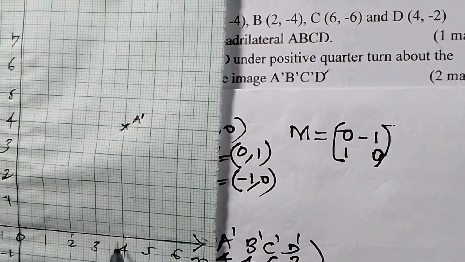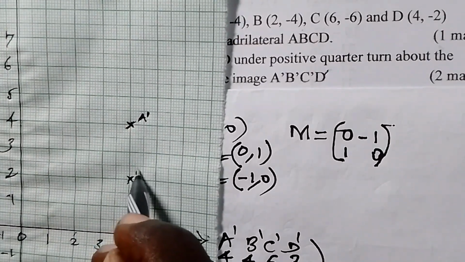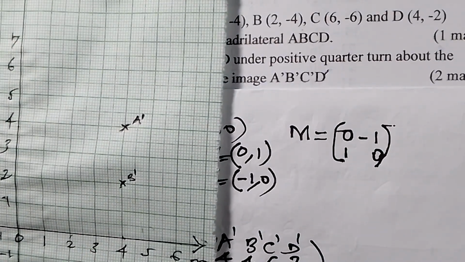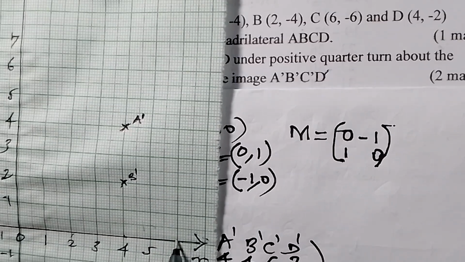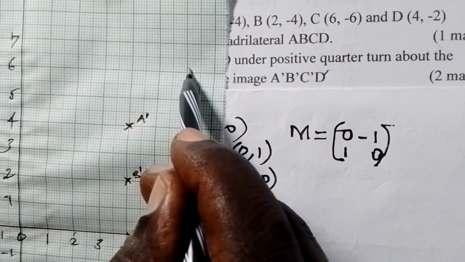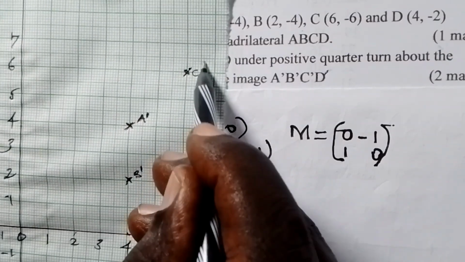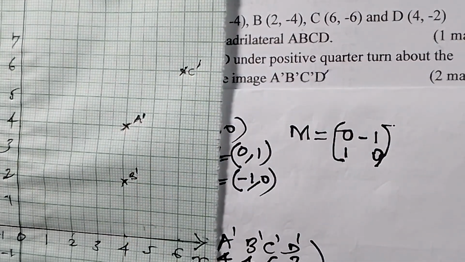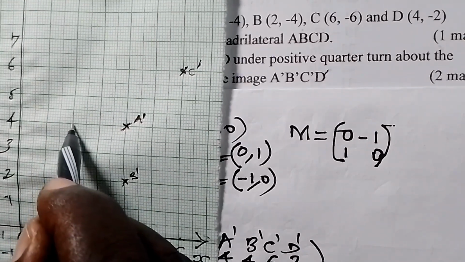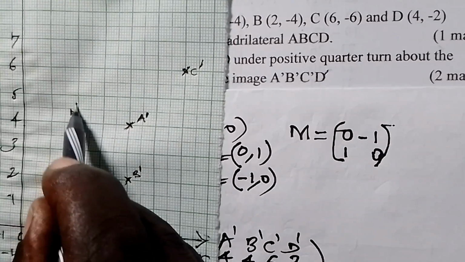B1 is 4, 2. This is B1. C1 is 6, 6 up here. C1, and the D1 is 2, 4. D1.